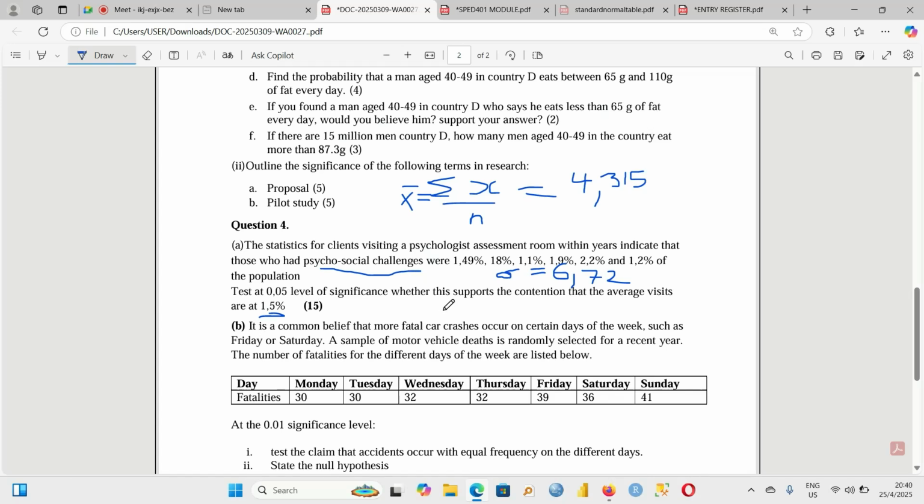Are we testing for less than, or for greater than? Our question has no keyword indicating less than or greater than, so this becomes our two-tailed test.